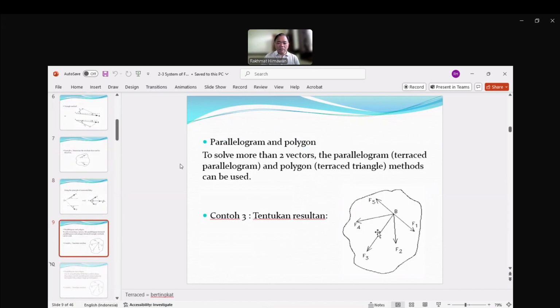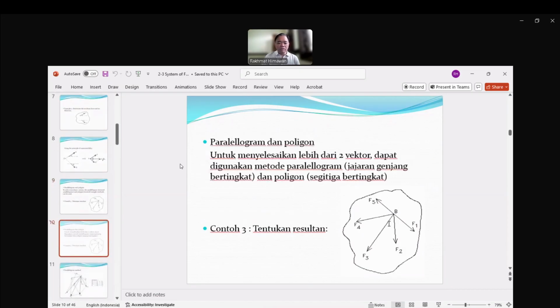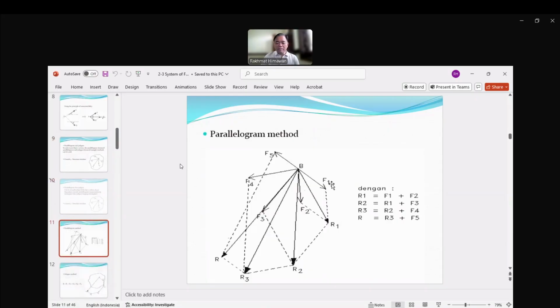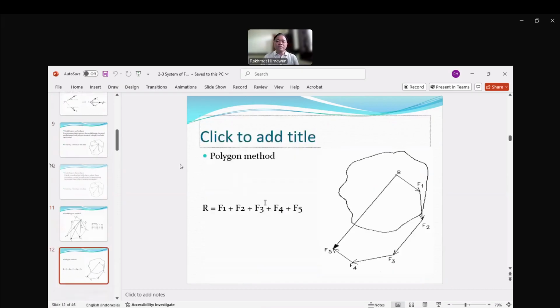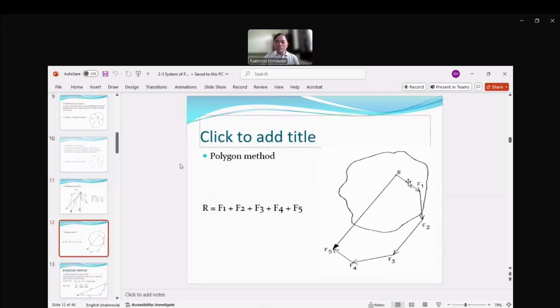with parallelogram and polygon. If you have several forces, then you need to use the parallelogram method several times. Here, for each of F1 and F2, you find the R, and several Rs you combine with the other R, while in the polygon, you just put all these Fs based on the direction of the original F, but in a different place.